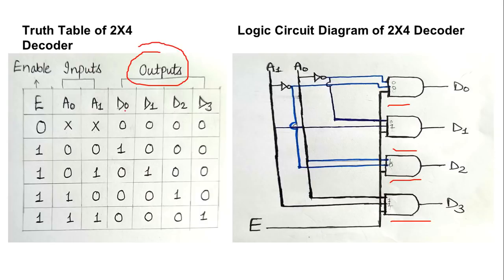In this example we have four output values, so I would be using four AND gates. I am directly joining the output here. The first logic gate is going to provide me D0 as an output, then D1, then D2, and similarly D3 as an output.